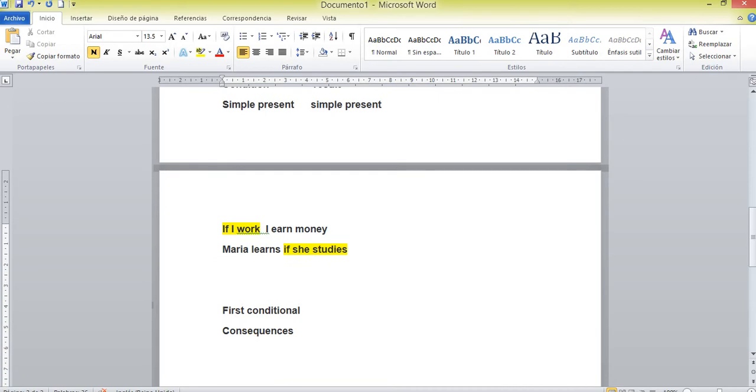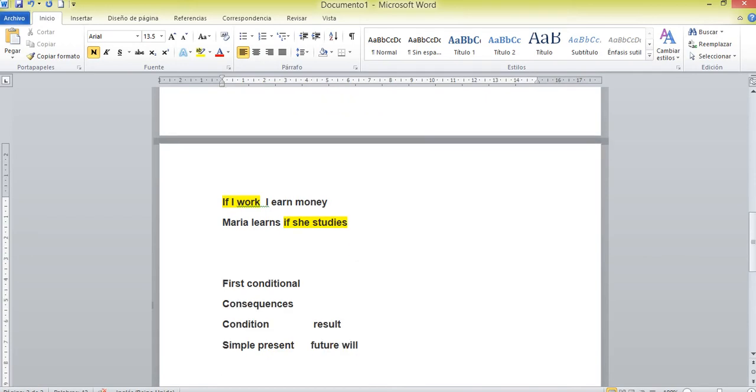Remember that every conditional has two parts, the condition and the result. So in this case, first conditional is different. Why? Because for first conditional, the condition, yeah, is in simple present, right? But the result is in future will or future simple. Okay?